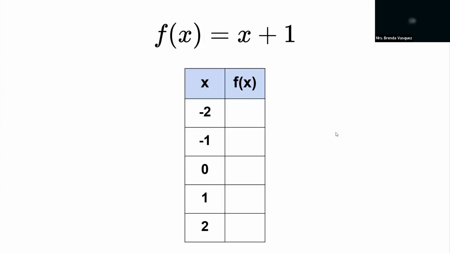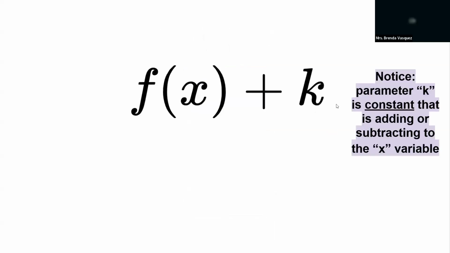Okay. Now we're going to experience what happens when we add 1 to our x. This is called the parameter K. The way that it's structured, it is directly outside of our x value, and we're going to see it as a constant.